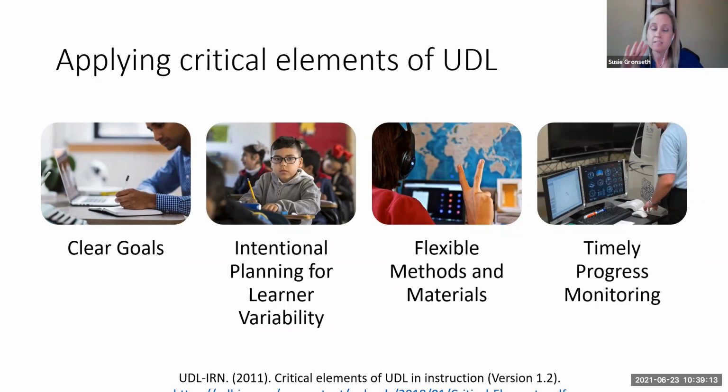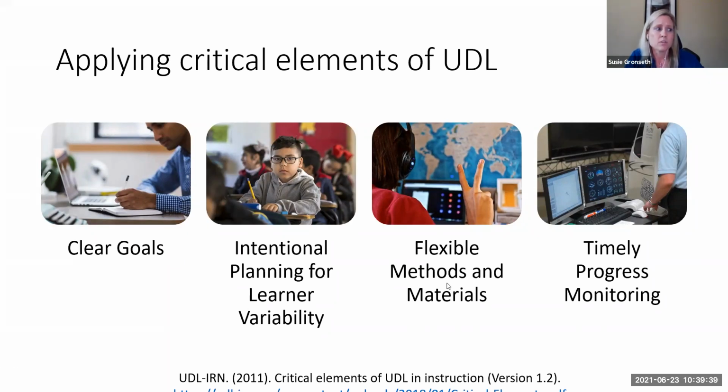They've identified these 4 things when we say that we're going to apply UDL. You want to have clear goals. It's very goal oriented. You want to have clear goals, intentionally plan for learner variability, have flexibility in your methods and materials where you can, and timely progress monitoring.